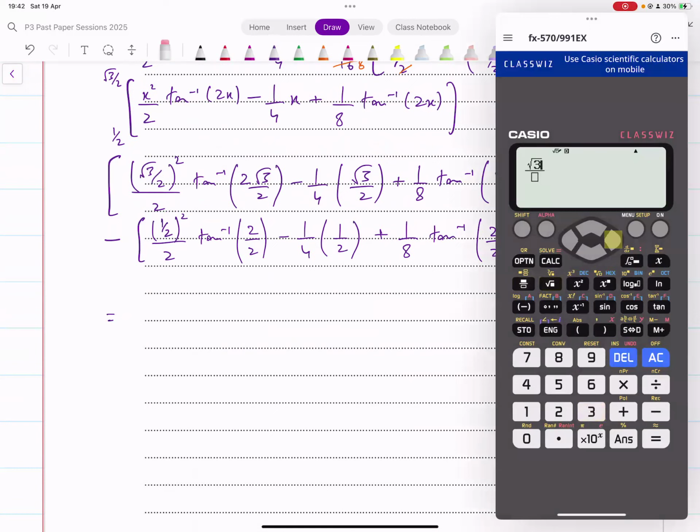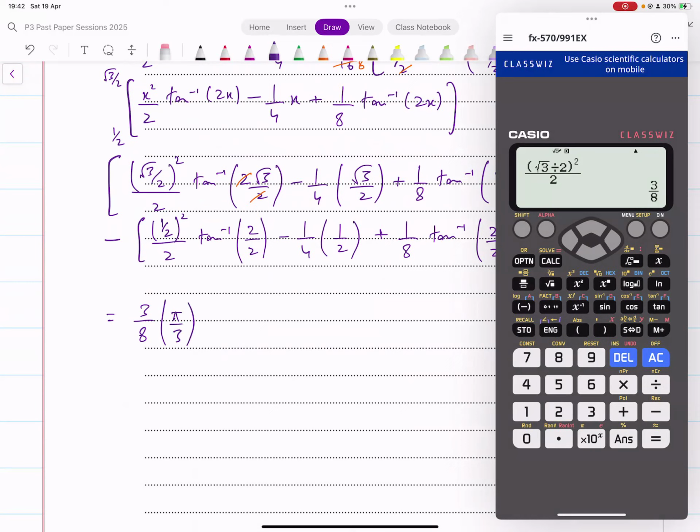Under root 3 divided by 2 squared whole divided by 2, we get 3 over 8 outside times tan inverse of under root 3. Tan inverse of under root 3, what's that? That's going to give you pi over 3.